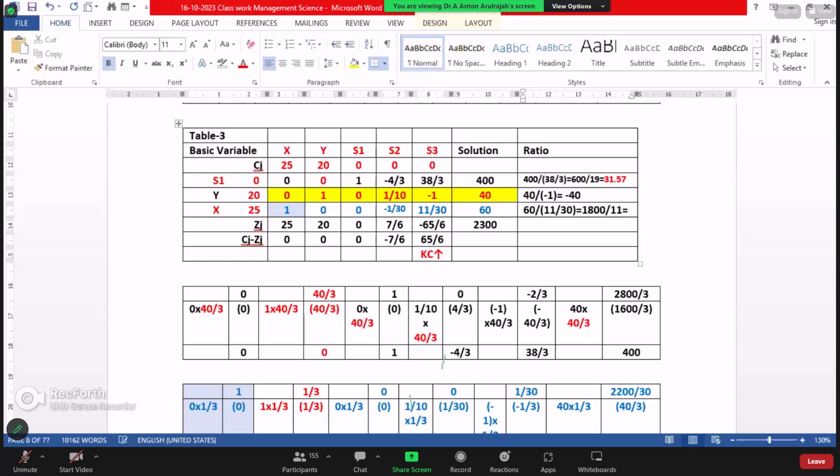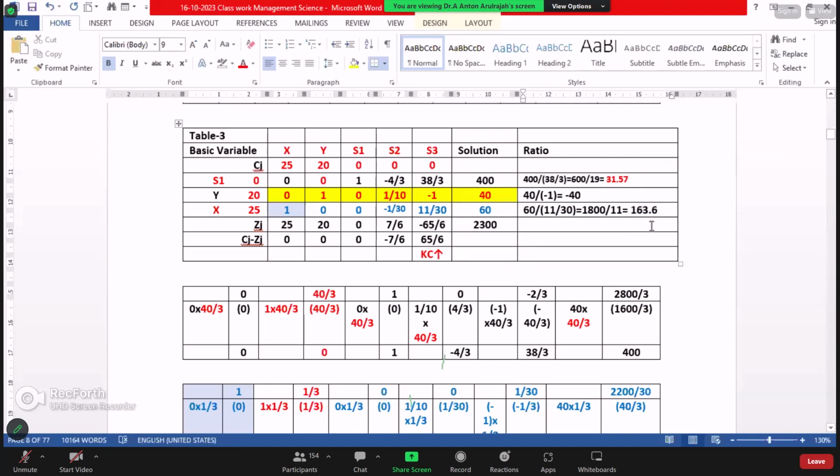It's about 163.6. Right, now which is the smallest one? 31.57 is the smallest one. Minus 40 we don't need to consider. Here 163.6 is also a plus value, but not the smallest one.